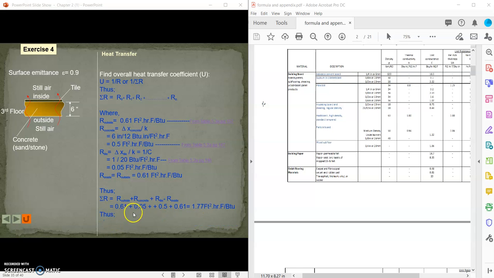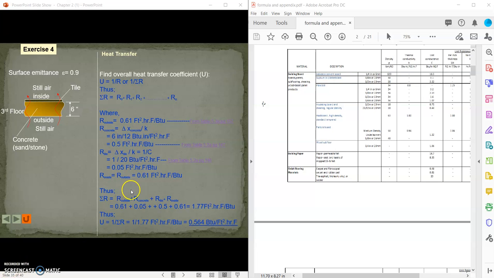The sum of R is equal to 1.77 feet square hour Fahrenheit per BTU. So now the value of U is equal to 1 over the sum of R, 1 over 1.77. So you're going to get the answer of 0.564 BTU over feet square hour Fahrenheit here.